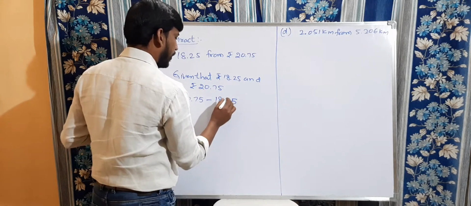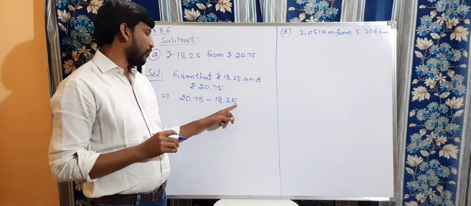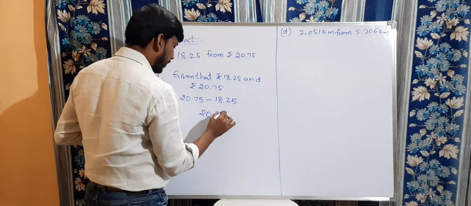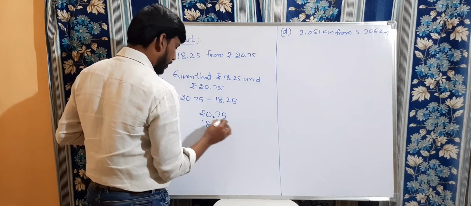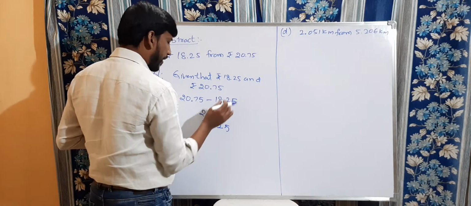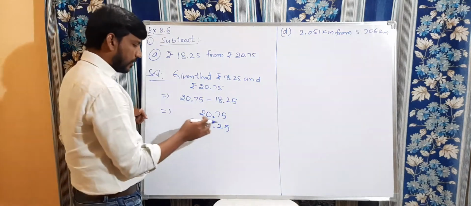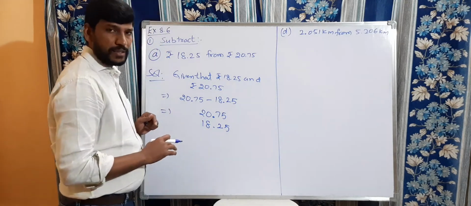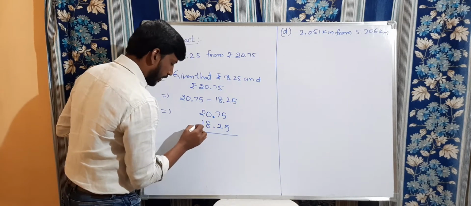So now write column method, 20.75 and 18.25. Now see this here while keeping the decimal point. Both have 100th place, 10th place, 1st place and 10th place. Both the decimals are in the same line only.